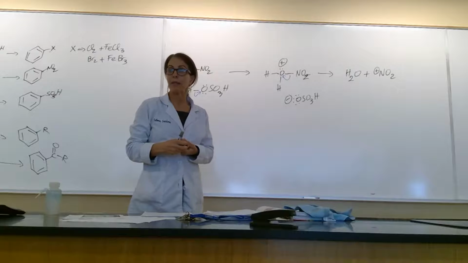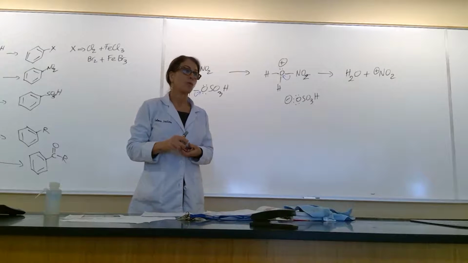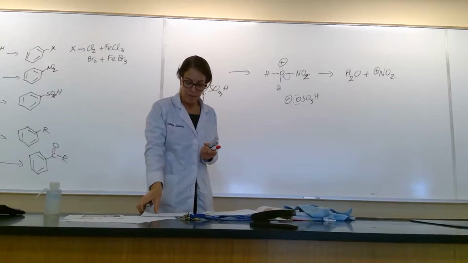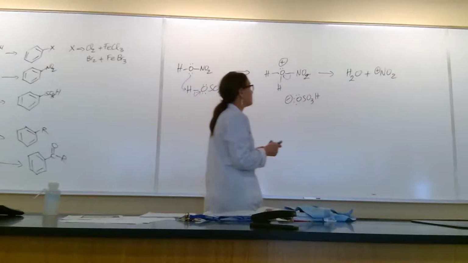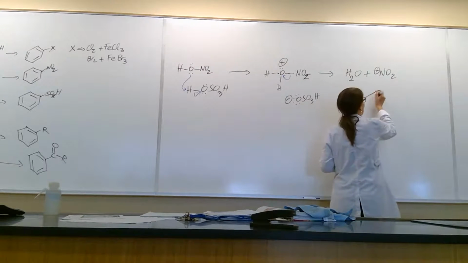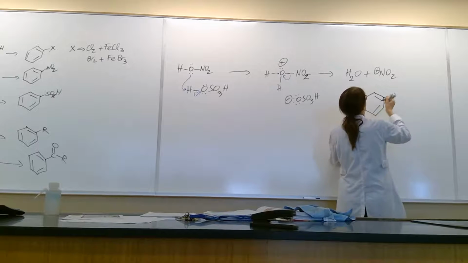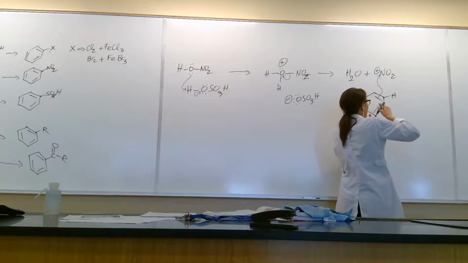So nitric acid will do this if you put it in the presence of sulfuric acid. Nitric acid will react as a base. Sulfuric acid is so strong that it makes the nitric acid be a base. And then at that point, you bring your benzene, and that now can take the NO2.